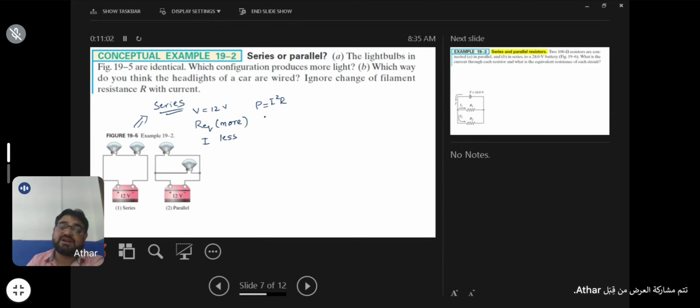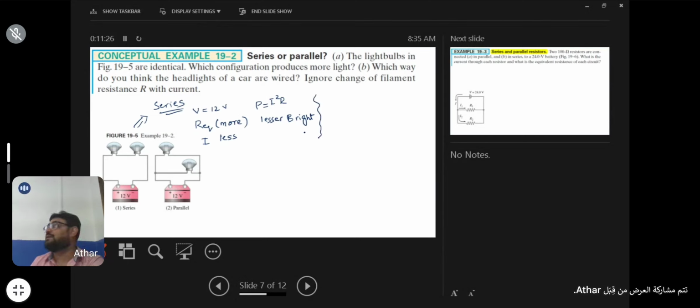It shows less power because I is less. R is more, I know, but I has a square, so less current with a square will have more impact. So you can say its power is utilized less, so it will be lesser bright in series.